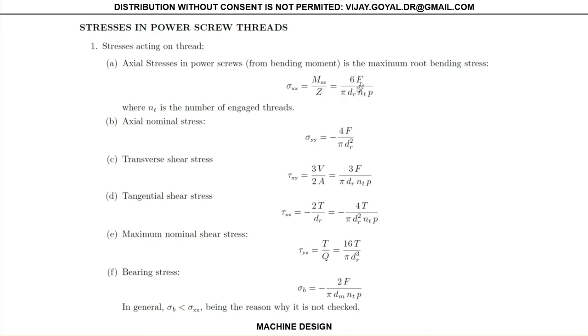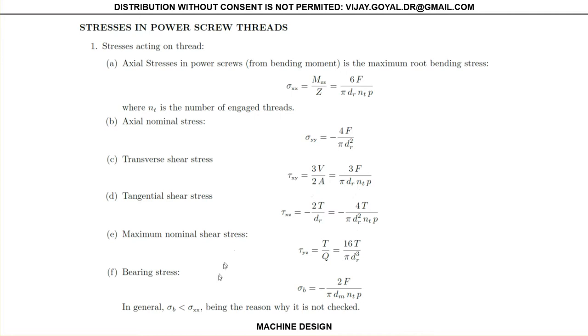This is 6 times T, this is the root diameter, this is the number of engaged threads, and this is P. And then this is 4F over pi dr squared, 3 times F, and this expression.